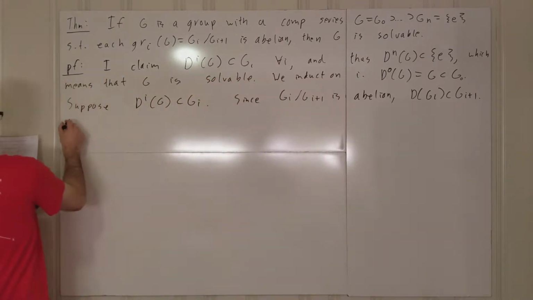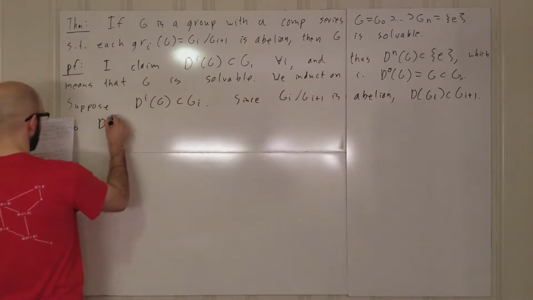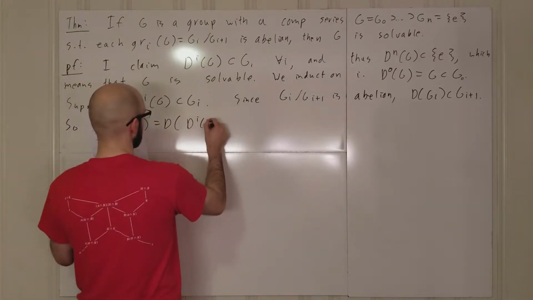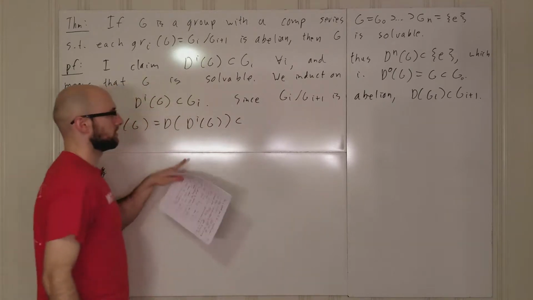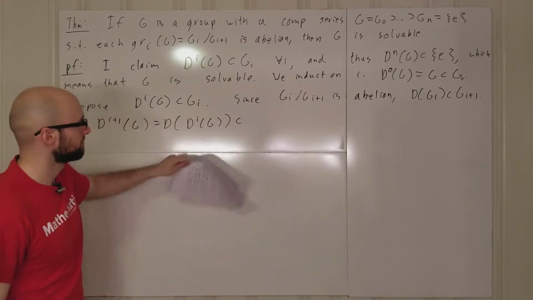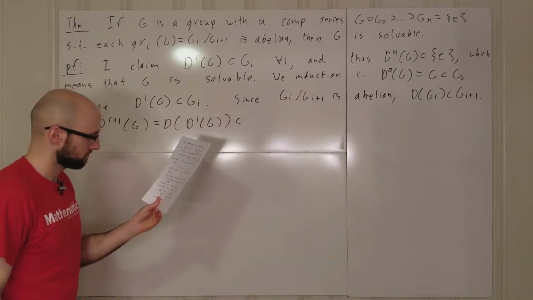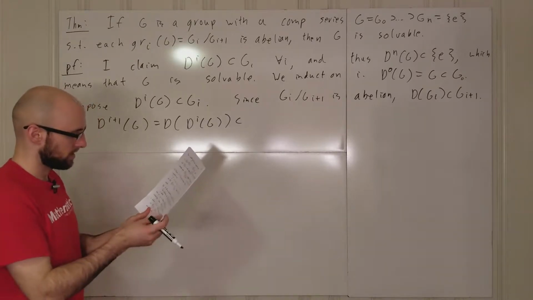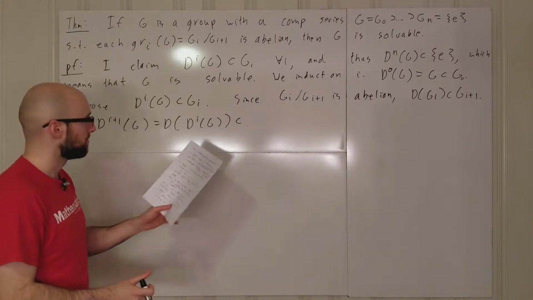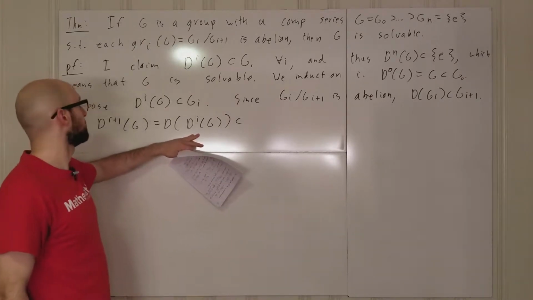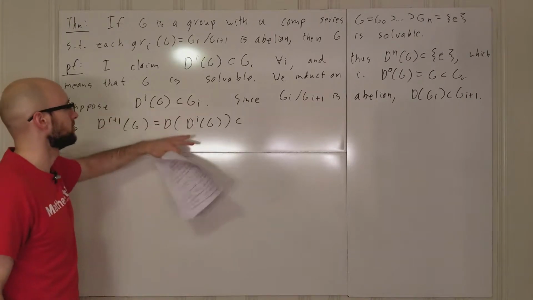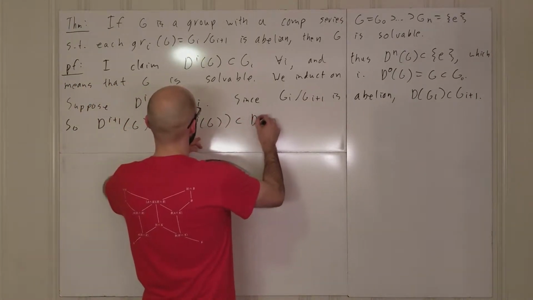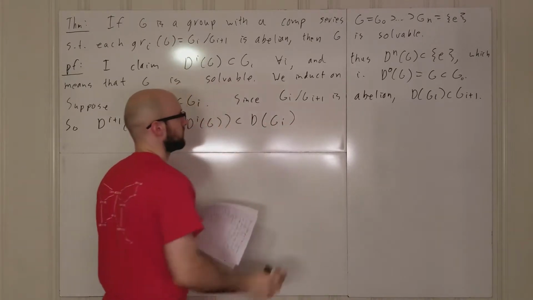Then D^{i+1} G is just the commutator of D^i G, and by the inductive hypothesis, D^i G is contained in G_i, so this is contained in the commutator of G_i.